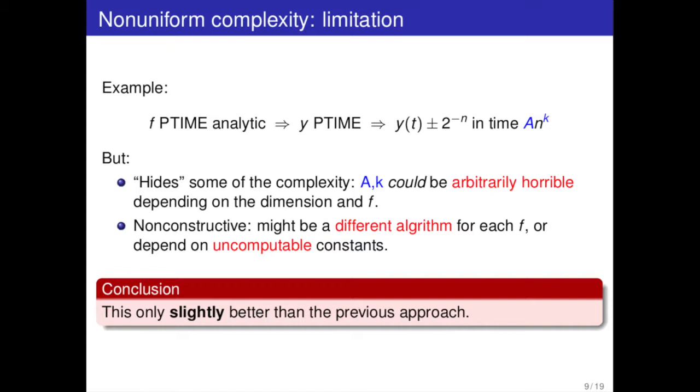But they will tell you that basically they depend in some really complicated way on f. So it's slightly better, but not much better because they still hide the complexity in those constants. Those dependencies are not captured by the model because of the way the model is phrased. So that's this non-uniform complexity.